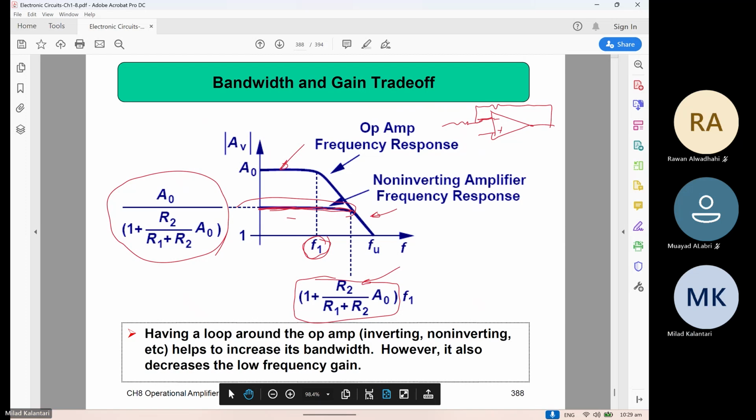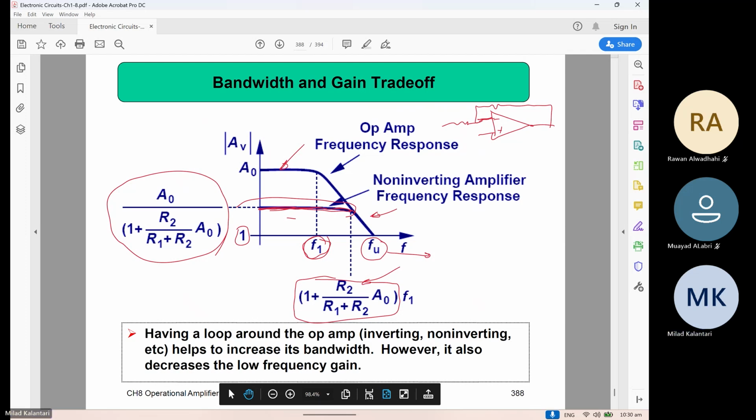At the max, we define some parameter for the op-amp, which says what would be the highest frequency that the op-amp can work, once the gain reaches 1. This frequency we call the unity gain frequency. This is the highest frequency that the op-amp can at least work with a gain of 1.